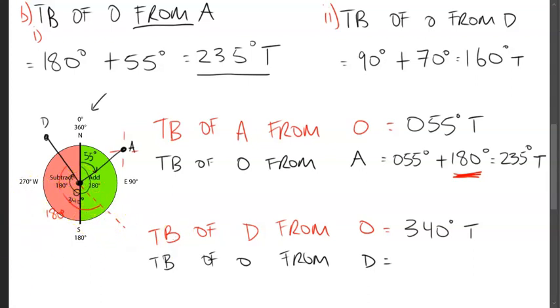So this is where we have 340, take away 180, and this is where we get 160 degrees true bearing, which is what we got here. We worked it out another way, but we ended up with the same answer, 160 degrees.